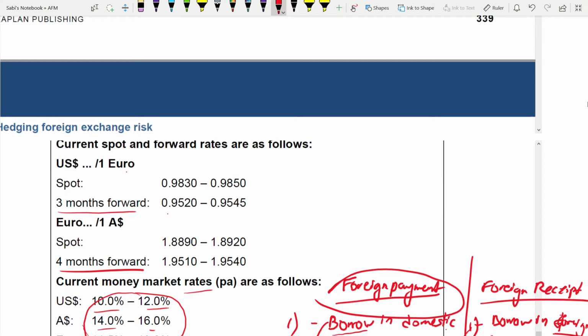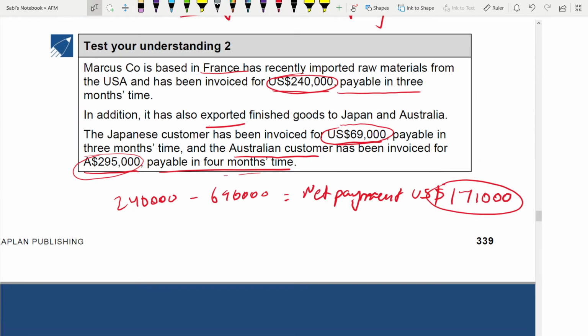Okay, so this rate or this rate, which rate for our net payment? Again I told you the same thing, see your base currency is euro. So you have to buy or sell in euro only, but this is a net payment. That means you have to pay in US dollar.